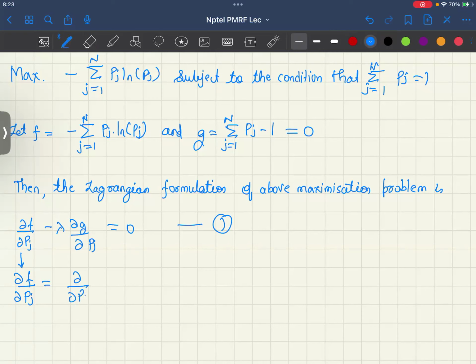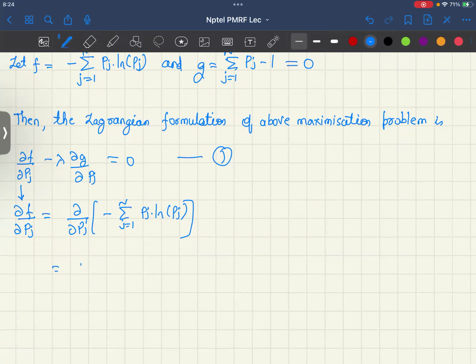∂/∂pj of minus summation j is equal to 1 to n of pj ln pj.